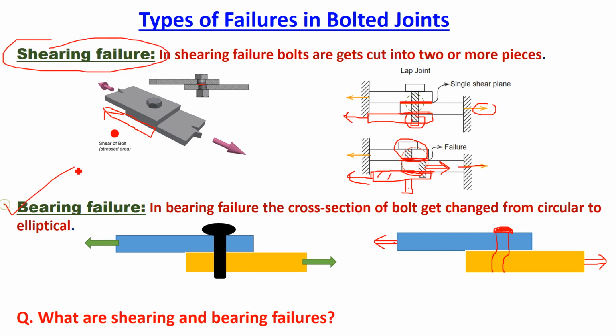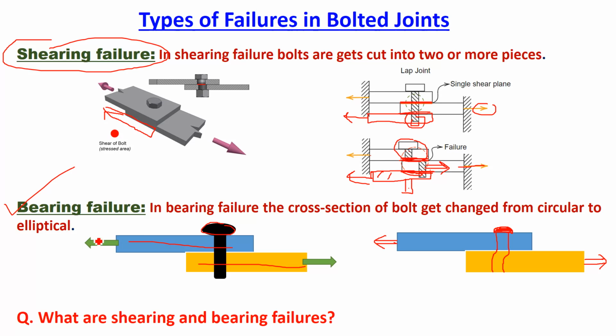And in bearing failure, bolt is not cut into number of pieces, but it changes its shape or cross-sectional shape from circular to elliptical. If you take a similar example, there are two plates which overlap and are connected with this bolt.